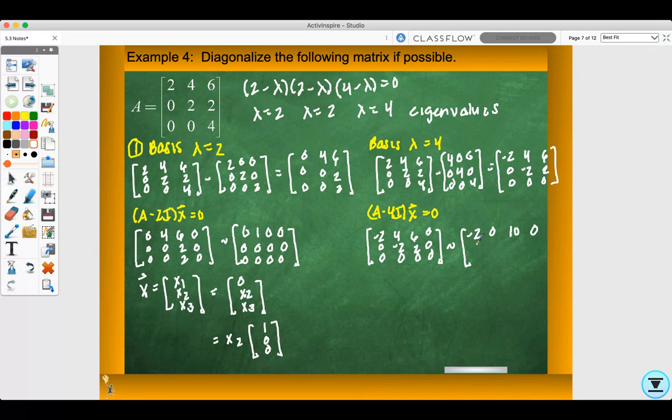And row 2 would stay the same. And then again, I can go ahead and take negative half of row 1, and negative half of row 2.